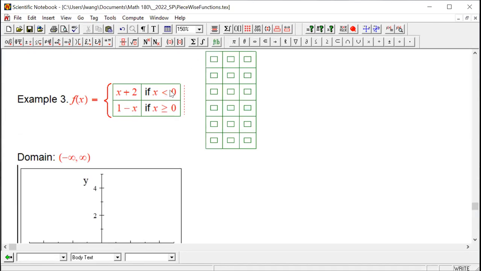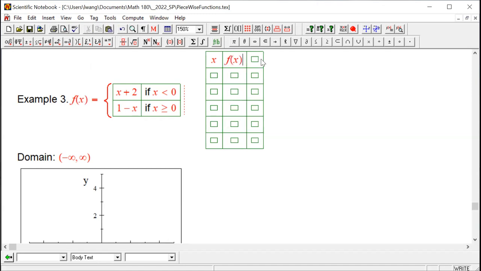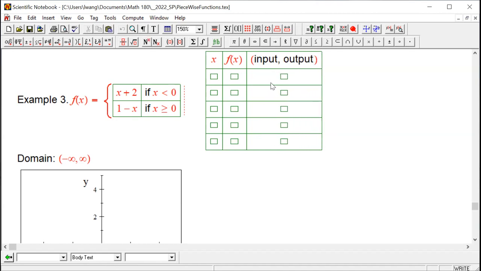So when we pick points, we're going to pick points for different rules. So input, output. To follow this rule, our input has to be less than 0.